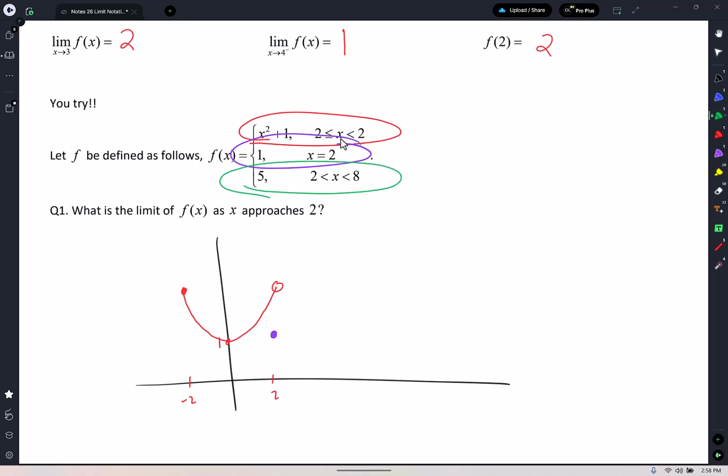Between 2 and 8, the output is always 5. There's not an equal sign, so open circle. I'm going to say 5 is right here. Oh, 8. Sorry. That's 5.